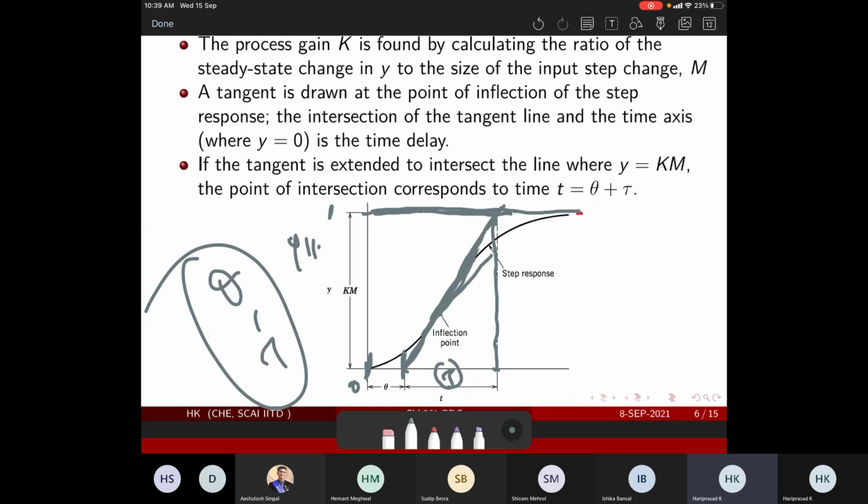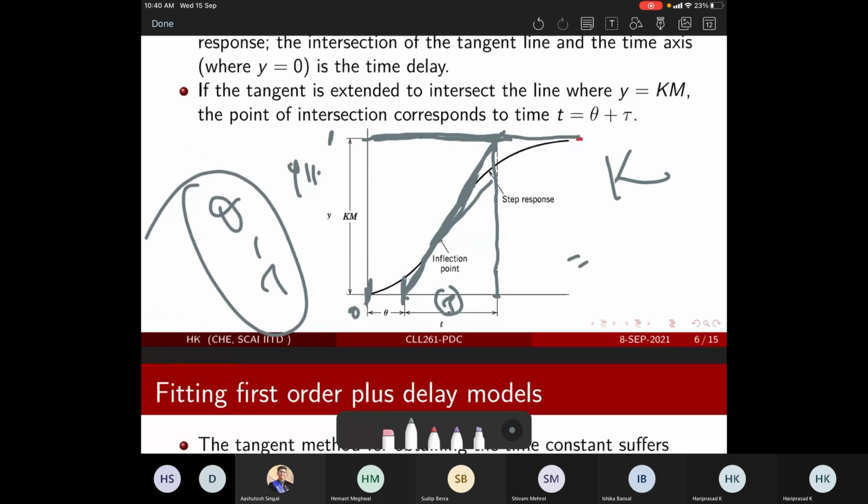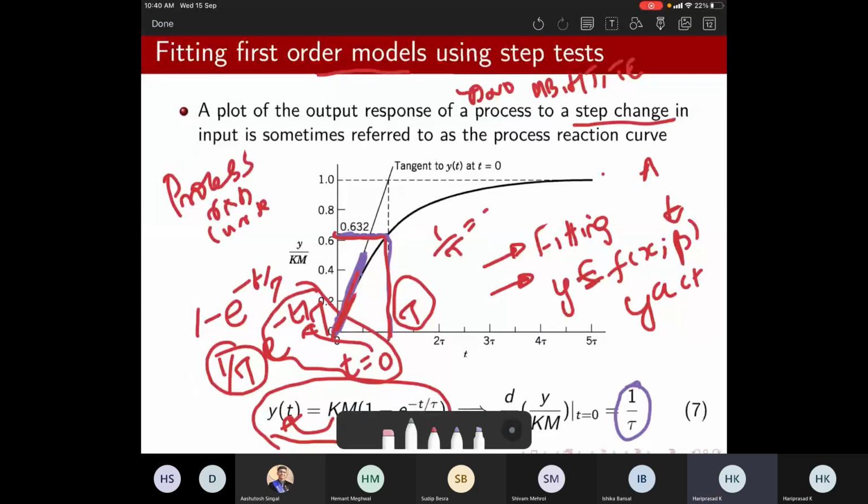Okay, so in all the cases, we did not explicitly calculate k. How do you calculate k? Someone? Change of output divided by change of input. So you have recorded input and output data anyway.